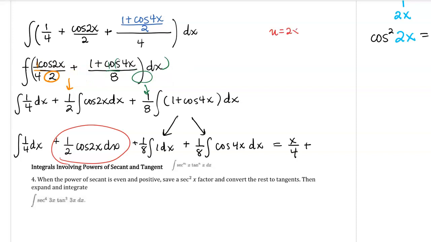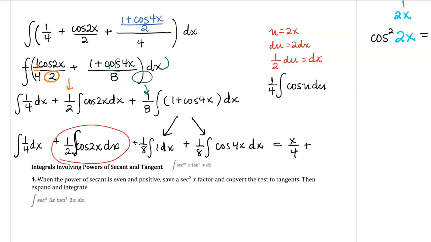For u is 2x, du would be 2 dx, but we don't have a 2 in the integral, so we say 1/2 du is equal to dx. There's already a 1/2 out in front. Oh, there's an integral missing there, y'all. That integral is missing. Did y'all catch that? There's already a 1/2 out in front, so we would end up with a 1/4 times the integral of cosine u du.